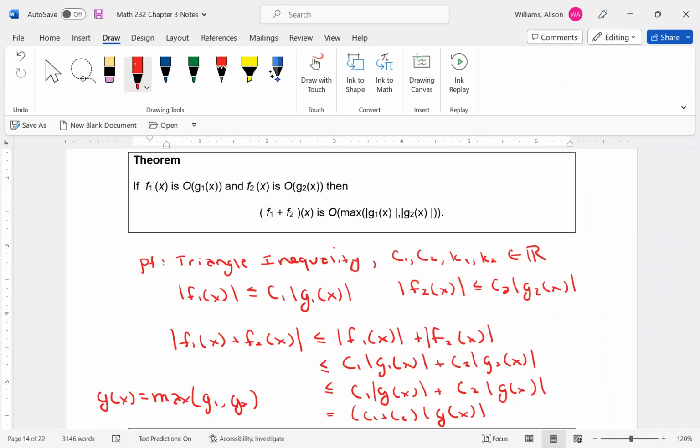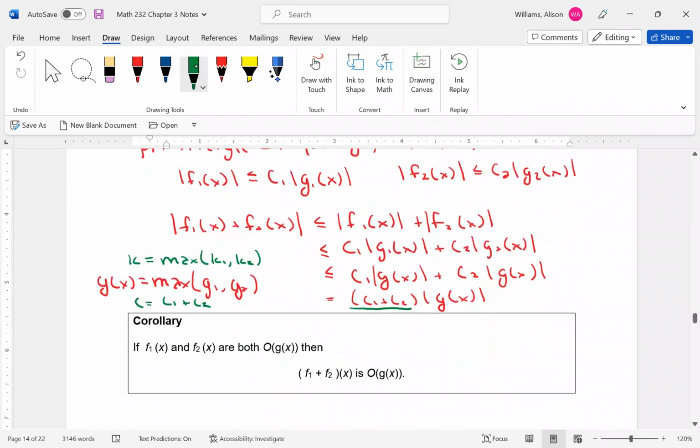I'm kind of running out of room, sorry. So this is c. All right. And then we pick whichever k is bigger. And we've done it. We've shown that when you add them together, you can find a big O based on the bigger of g1 or g2. So we're done. Squeezed it in.